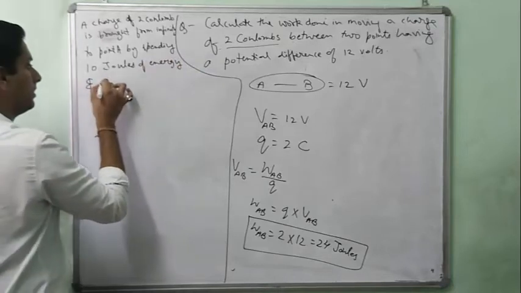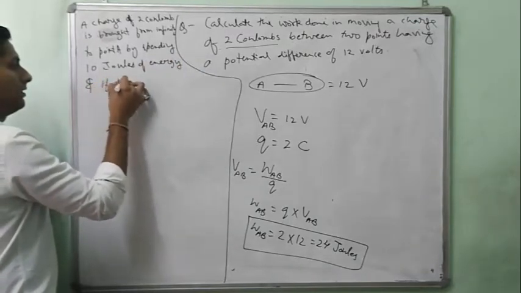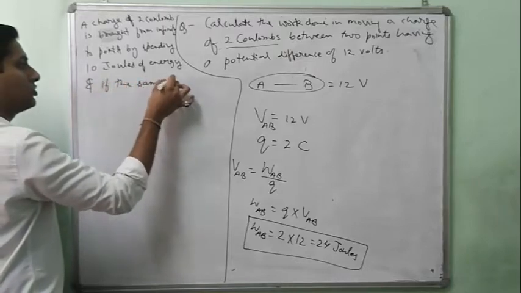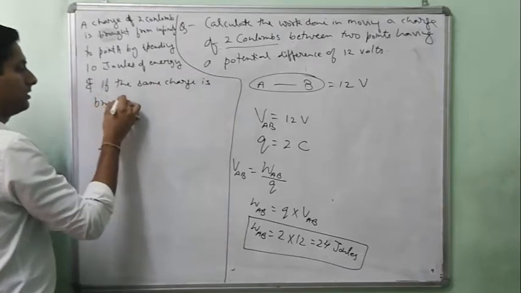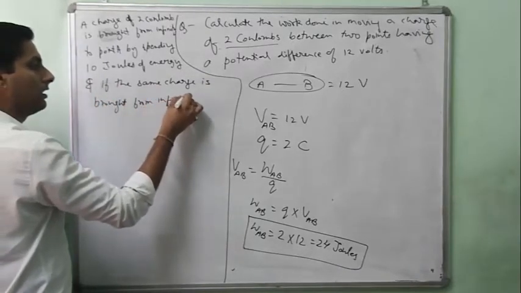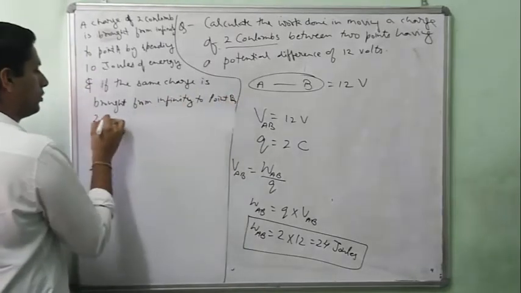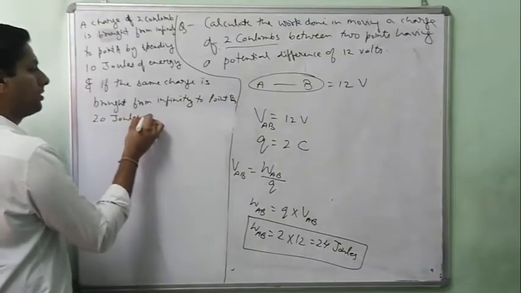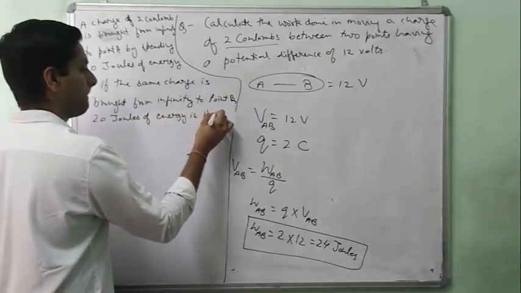and if the same charge is brought from infinity to point B, 20 joules of energy is spent.